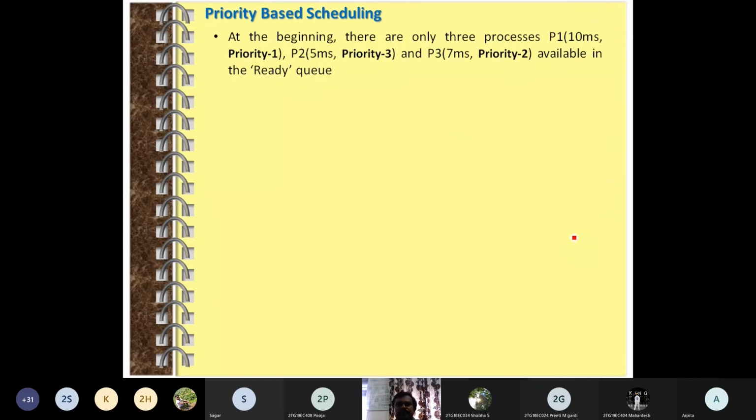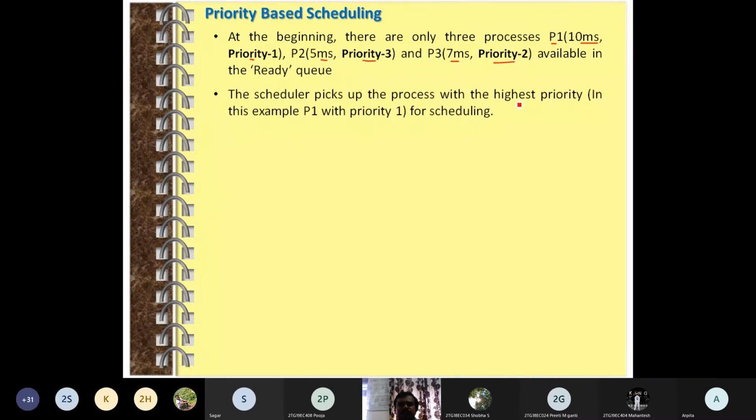At the beginning, there are only 3 processes: P1 with 10 milliseconds and priority 1, P2 with 5 milliseconds and priority 3, P3 with 7 milliseconds and priority 2. They are kept in the queue. Now the scheduler starts picking processes to execute from higher priority to lower priority.